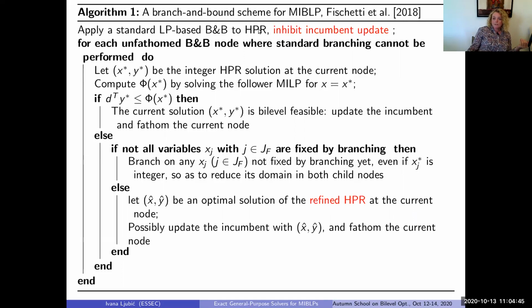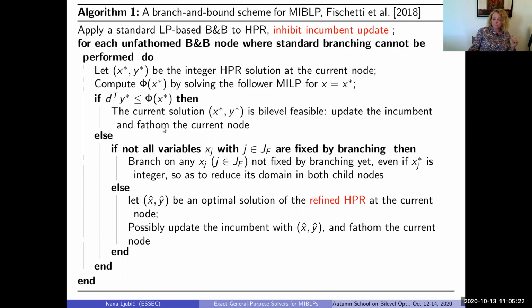So in the simplest case, if we just have discrete variables, this means that we have an integer point, which is the vertex of the HPR that we are dealing with right now. Let's call this point x star and y star. First, we have to evaluate the optimal follower's response for the given x star. And if y star is really the minimizer for the given x, then this is a feasible bilevel solution, and we can update the current incumbent value and fathom the node.